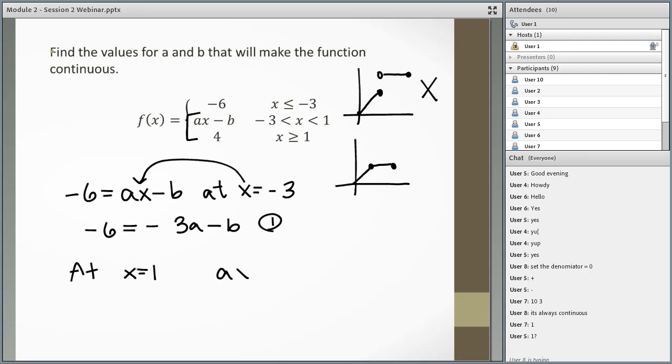So at x equals 1, I want ax minus b to equal 4. And then we can do the same thing that we just did. We can plug in x equals 1. So I have a minus b, when I plug in 1 for x, equals 4.